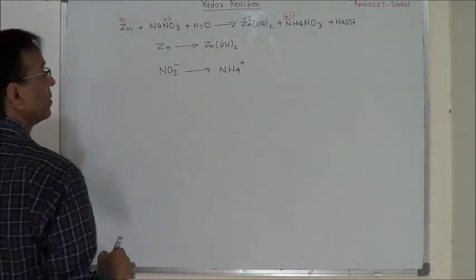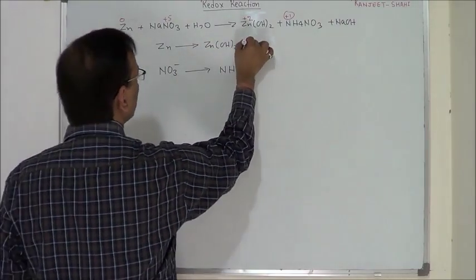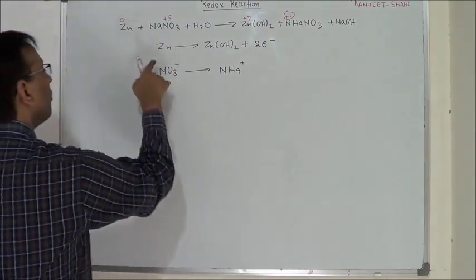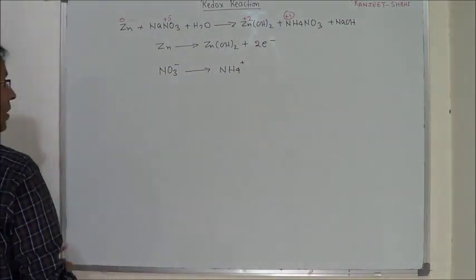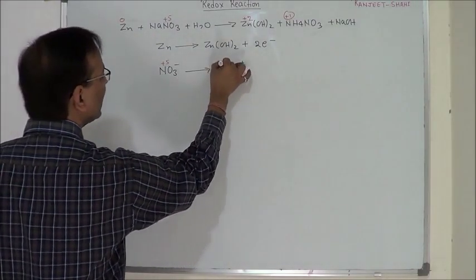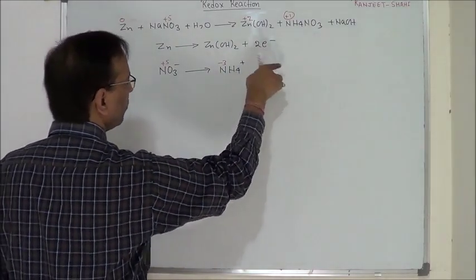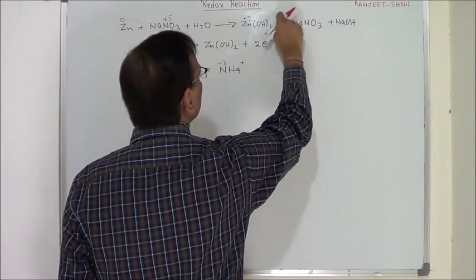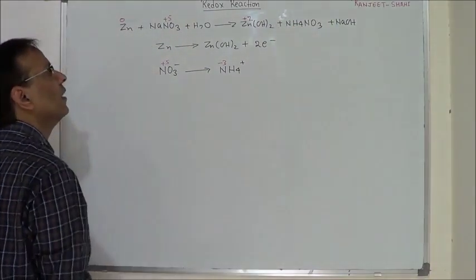Now 0 to plus 2, so 2 electrons. Plus 5 to minus 3: x plus 4 is plus 1, so x will be minus 3. This cannot be done. We'll have to take the ammonium ion separately.